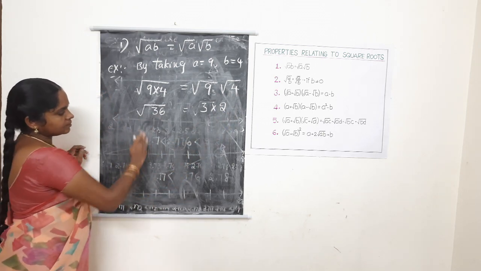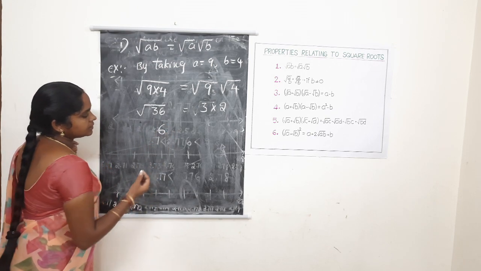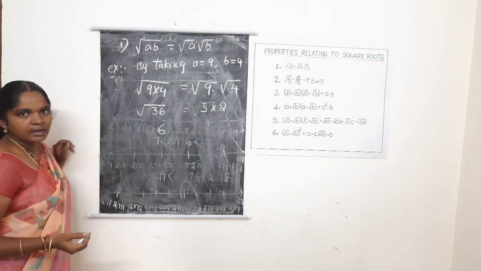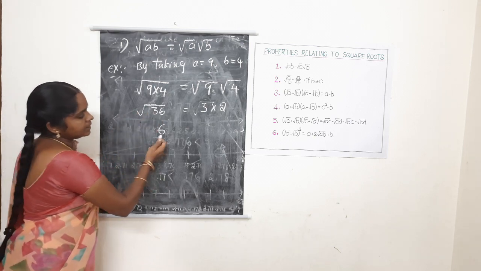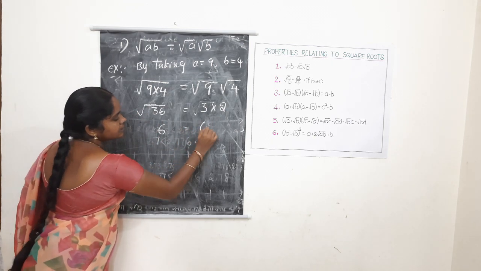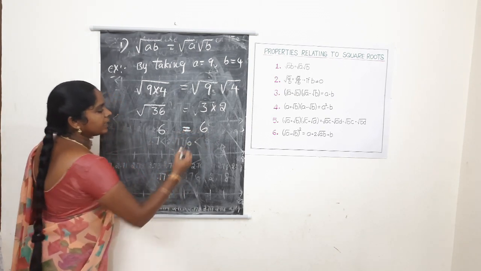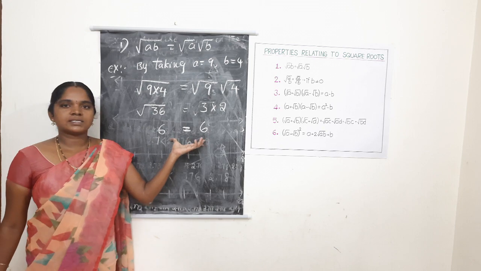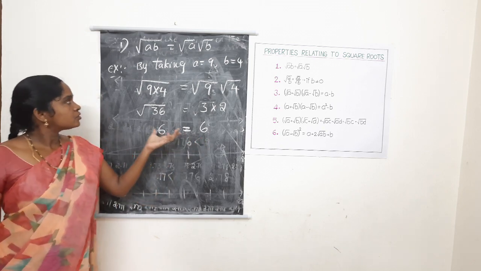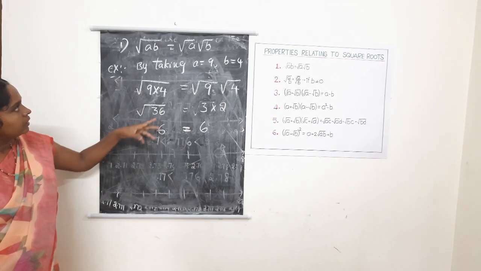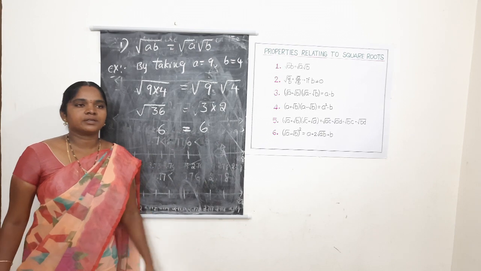Square root of 36 value is 6, since 6 6s are 36. 3 2s are 6. So LHS equal to RHS. So that satisfies this first property.